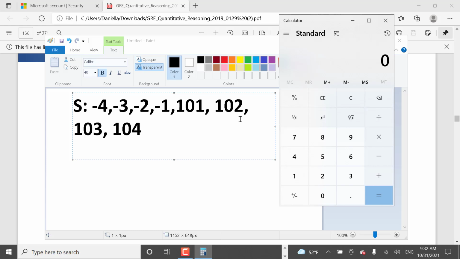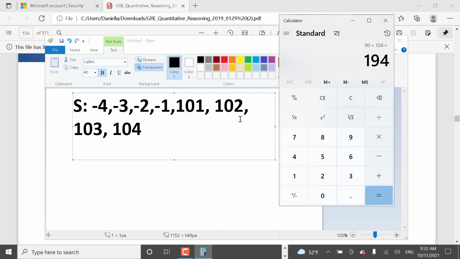So I'm going to take -4 with -3 is -7, -7 with -2 is -9, with -1 is -10. You have -10. So we get 101 minus 10 plus 102 plus 103 plus 104.